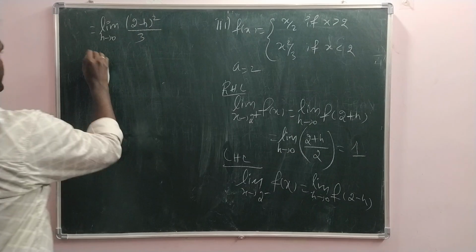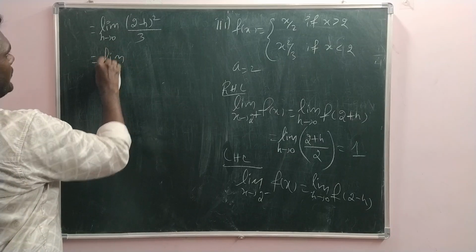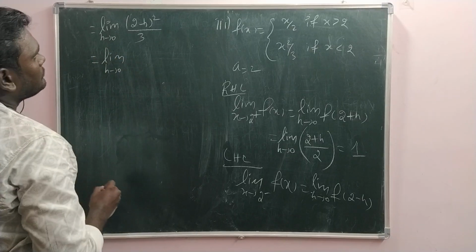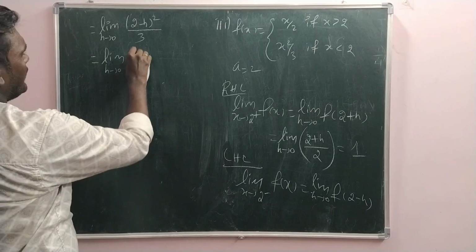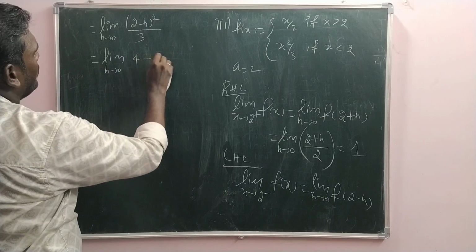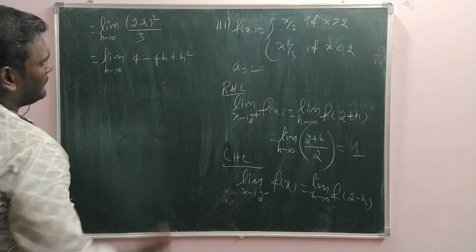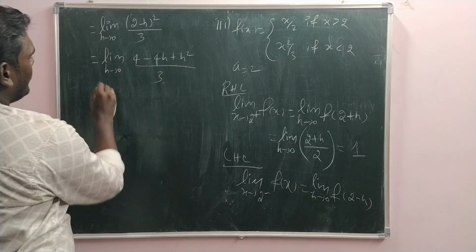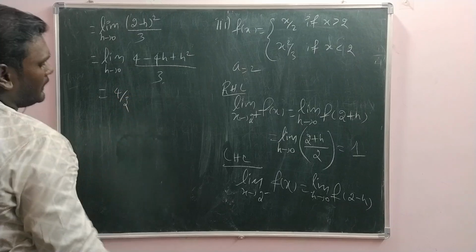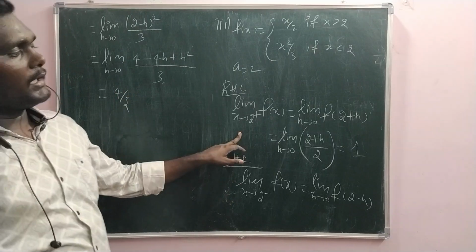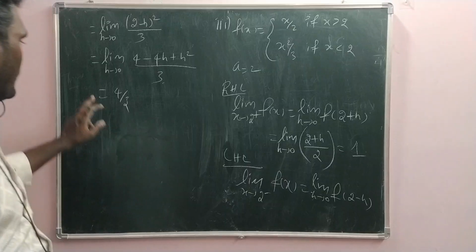We should expand this. When we expand, what we will get? 4 minus 4h plus h square divided by 3. When h approaches 0, we will get 4 by 3. So right hand limit is coming 1, left hand limit is coming 4 by 3.